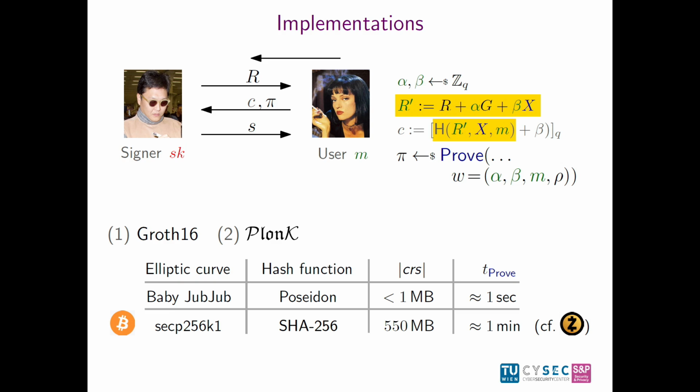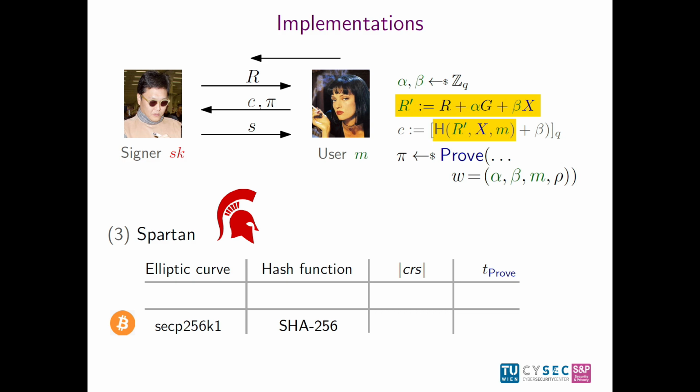So you could use that. We also give estimates of how long this verification of the CRS takes. In Plonk, you have a trusted setup, but it's universal, so you only need to run it once, or someone has to have run it at some point, and then you can use their parameters. And then Spartan is transparent, so there's no trusted setup there. That's also an advantage of the last scheme.